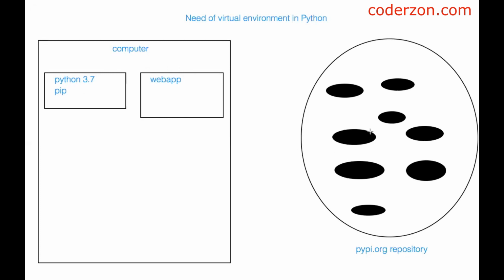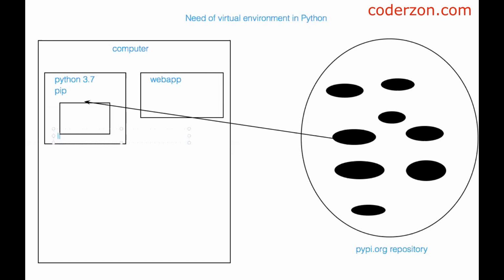Imagine this is the package we want to download using pip. We can use the command pip install followed by the name of the package. That package gets downloaded from this repository to our Python installation directory. Inside your Python installation, you can see a lib folder, and inside that, site-packages.